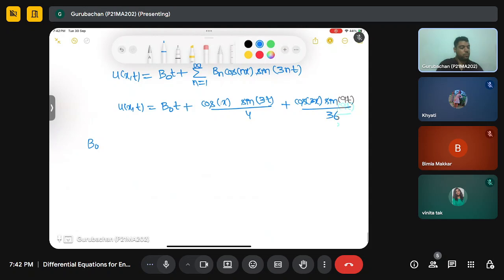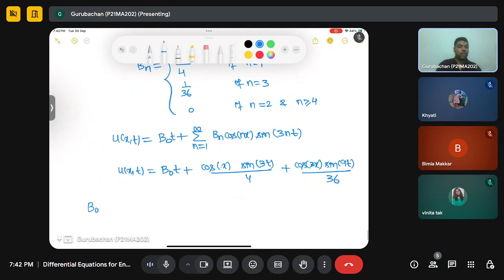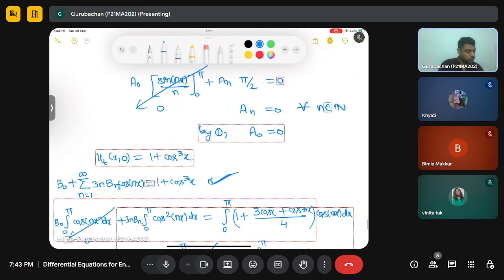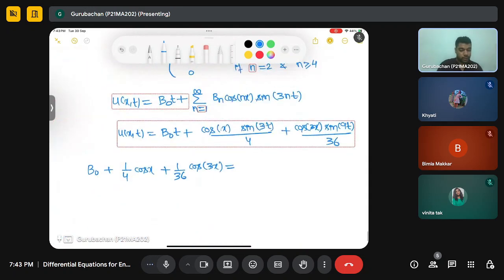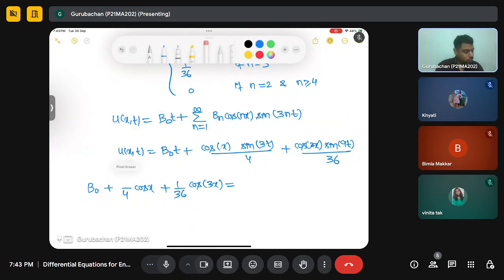Since your series has become only 3 terms, that is 1 by 4, 1 by 36, and others are 0, this will become 1 by 4 cos x plus 1 by 36 cos 3x. This has to be equal to, what was that, 3n times we are also multiplying it, so it will be 3 by 4 and 1 by 4.